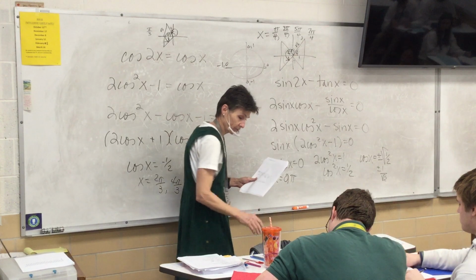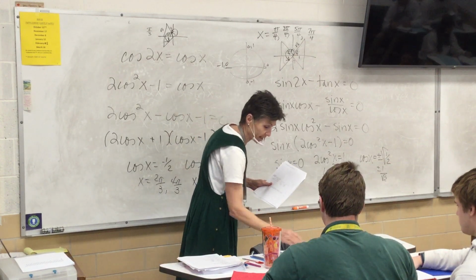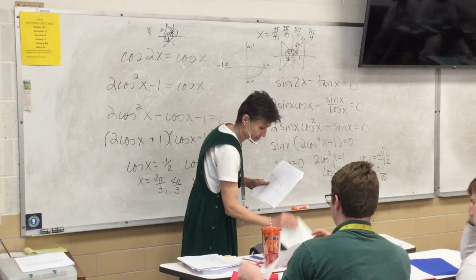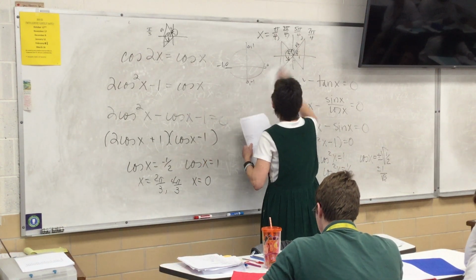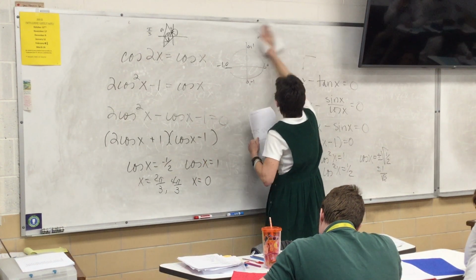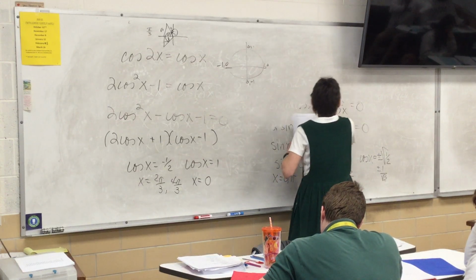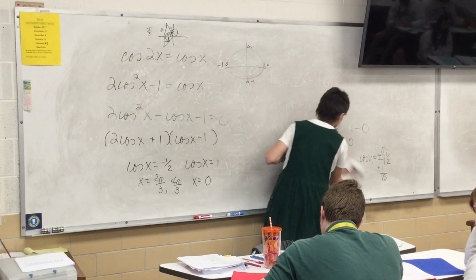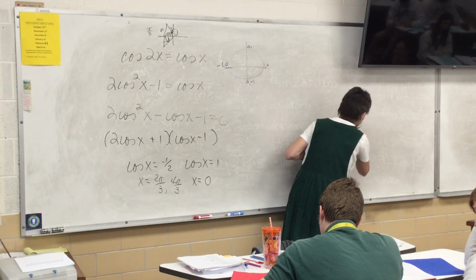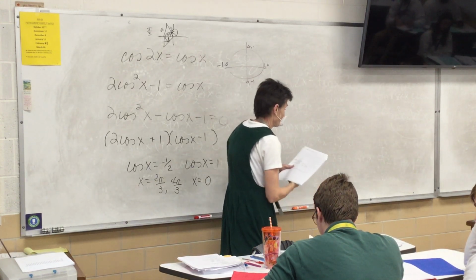Then if you want, we can look at that identity. That stumped some of you. All right. Oh no. What am I going to do with this, you guys? Split it into 2x.